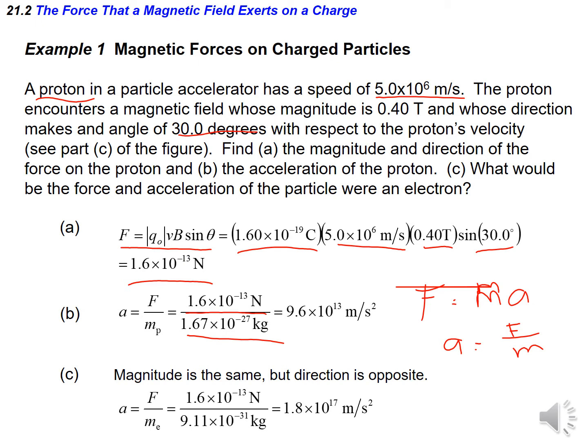The difference here is the mass of the electron. The mass of an electron is also constant, equal to 9.11 times 10 to the negative 31 kilogram. So the magnetic force divided by the mass of the electron is equal to 1.8 times 10 to the 17 meters per second squared. So this is the acceleration and also the force of the electron.